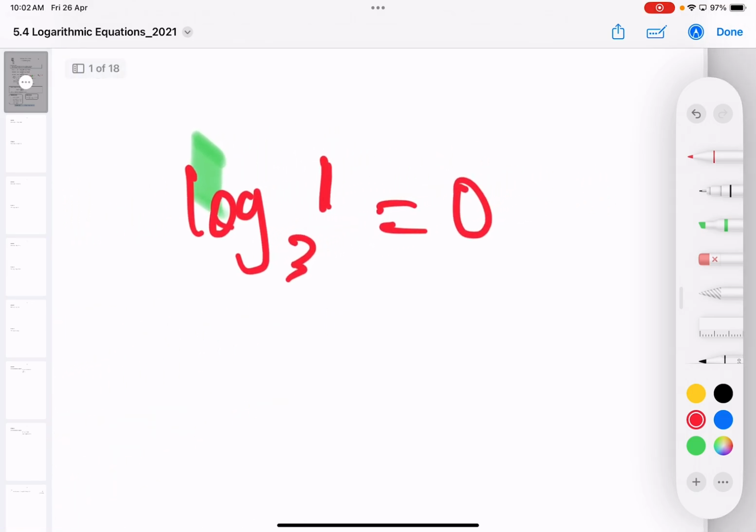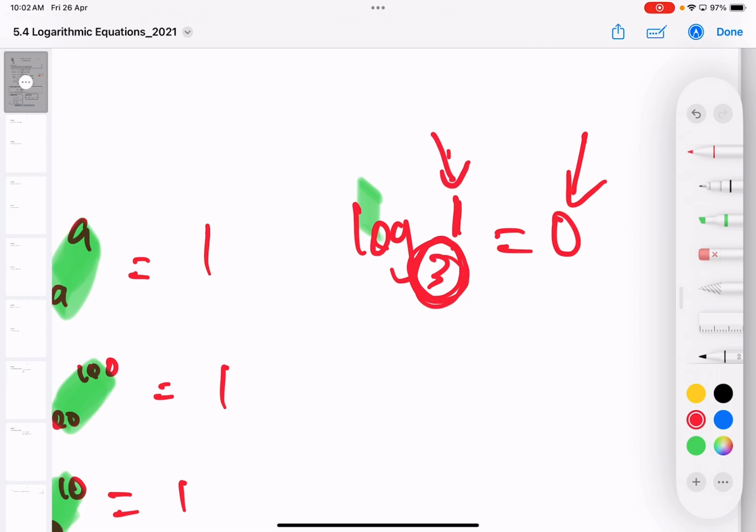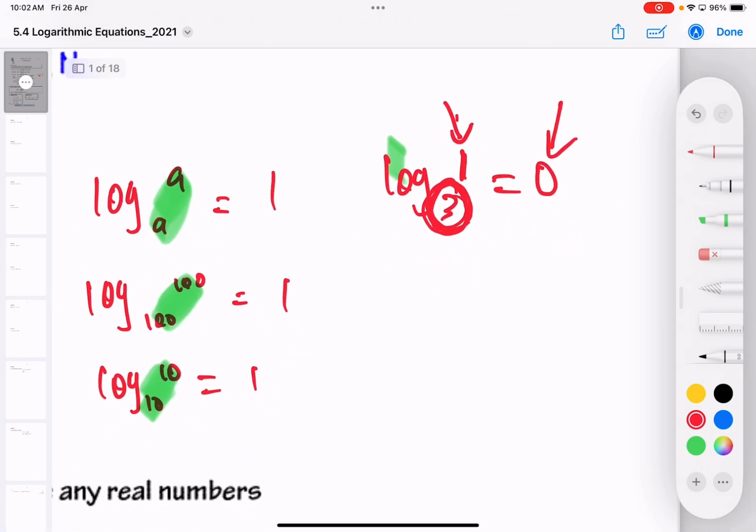Logarithms always strive to answer how many times do I have to compound this base to get this result? How many times do I have to compound this base to get this result of 1? The answer is 0. You don't compound it at all because your end result is just 1 time of the original. So it never even grows. So if it never grows, that means you never even compound it at all. So that is the reason why.